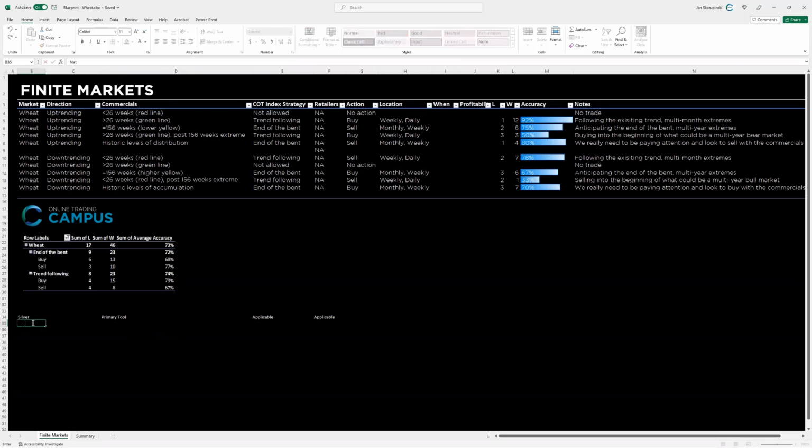And then on natural gas, that's not applicable. That's not really applicable.